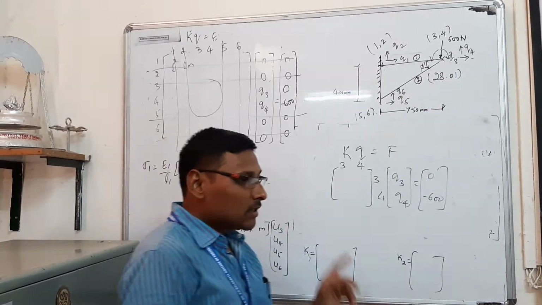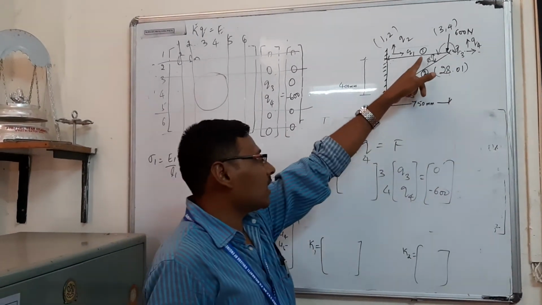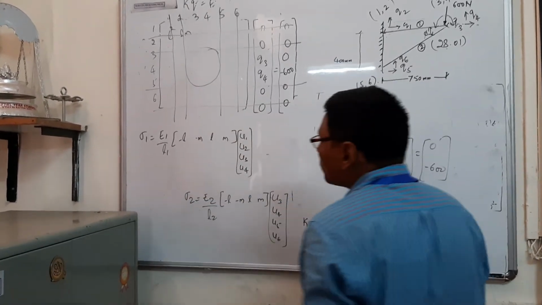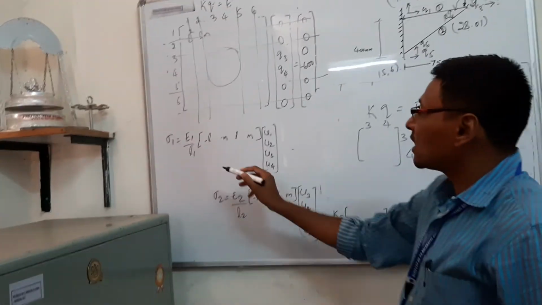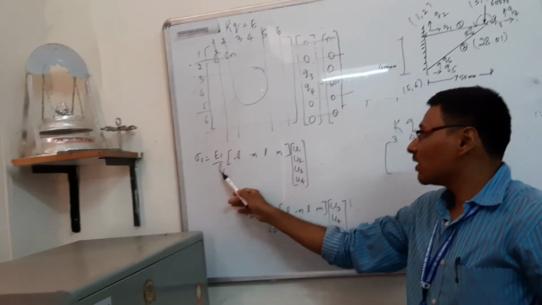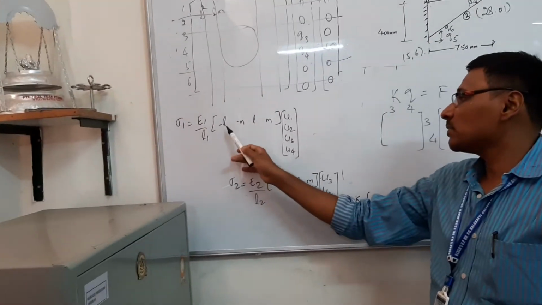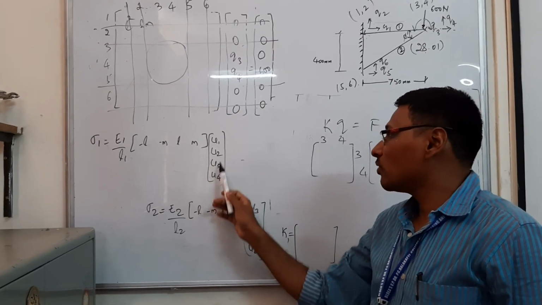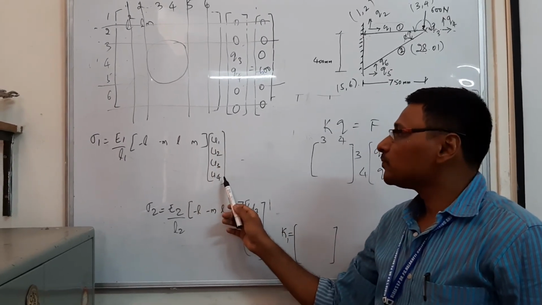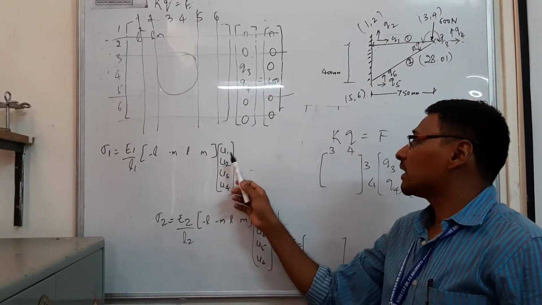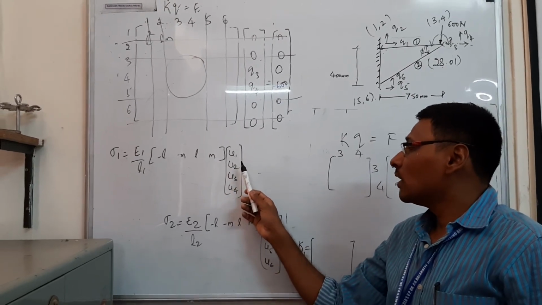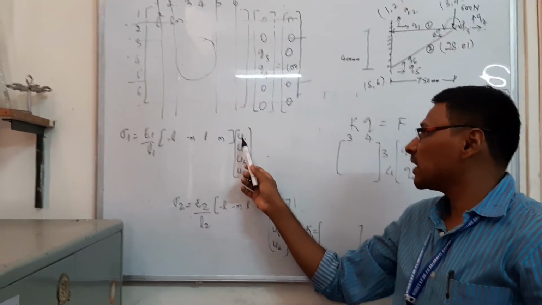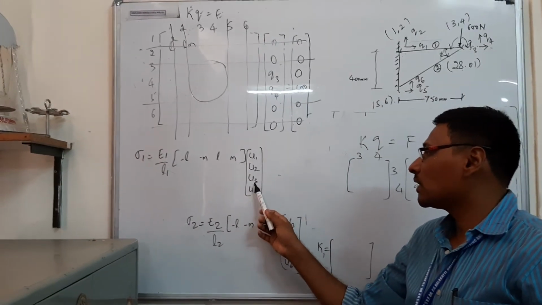Now we will calculate the stress which is going to occur at element 1 and as well as element 2. The stress in the case of the truss element is given by E1 divided by L1 into this matrix, that is minus L, minus M, L and M, then U1, U2, U3 and U4. These are nothing but deformations. Since the truss element is going to undergo deformation along the directions, that's why it has been written as U1, U2, U3 or U4.